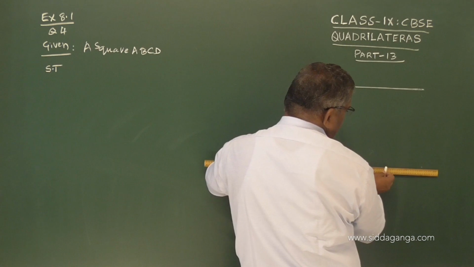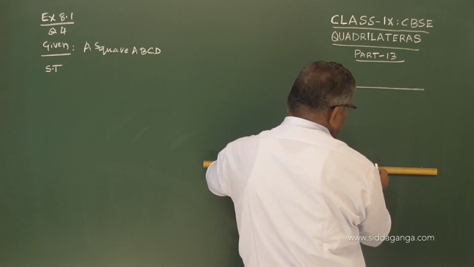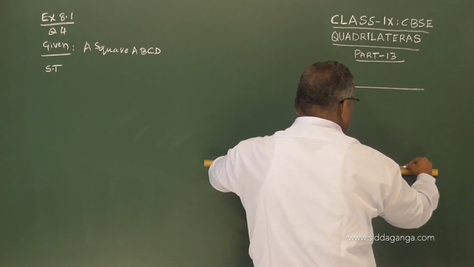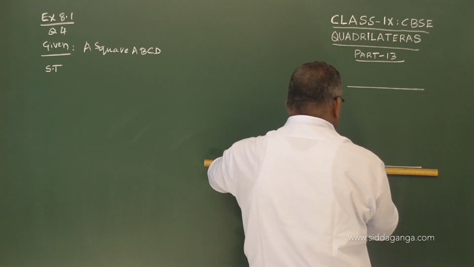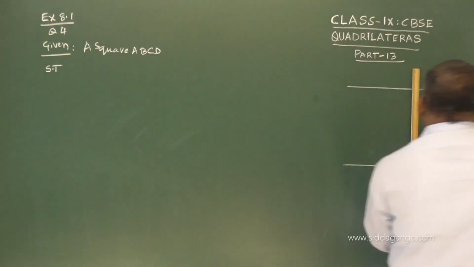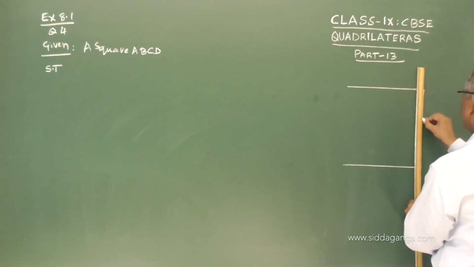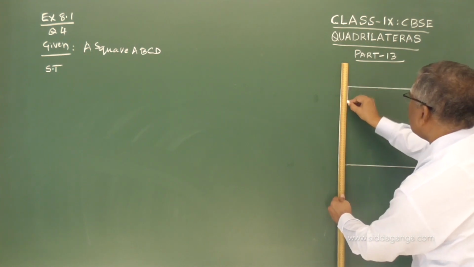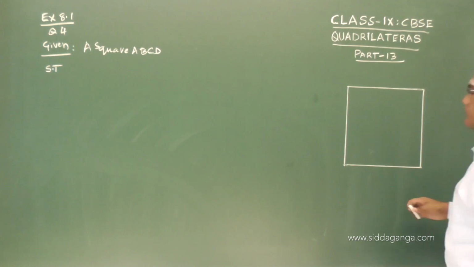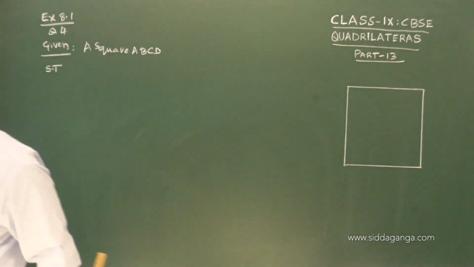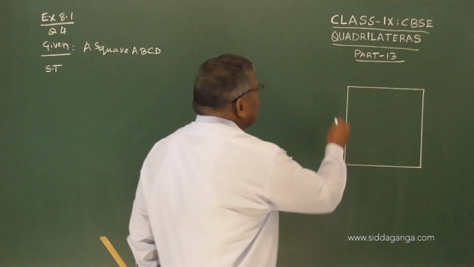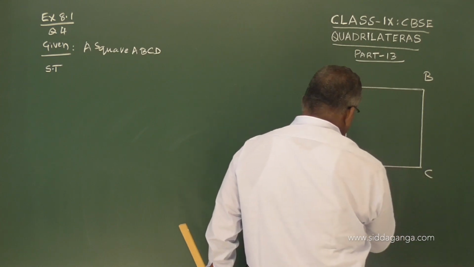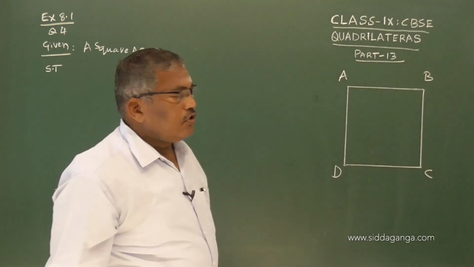So this is the square. Let us call this as A, B, C, D square.